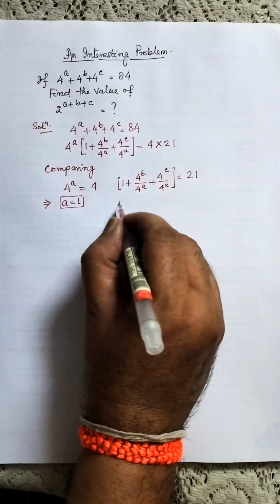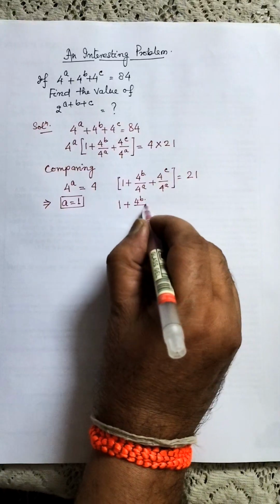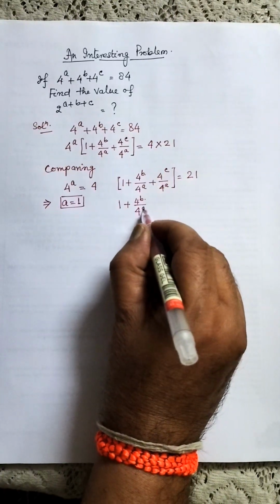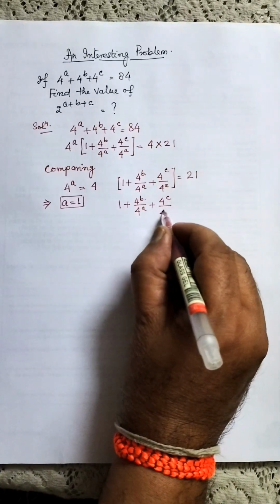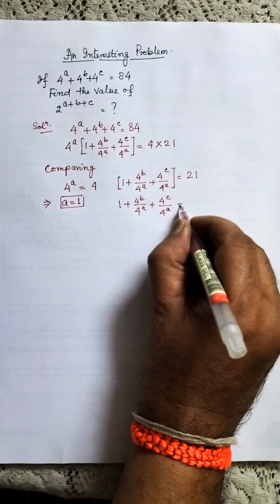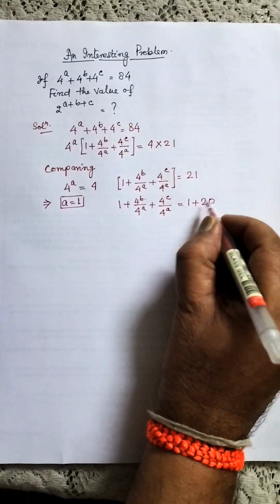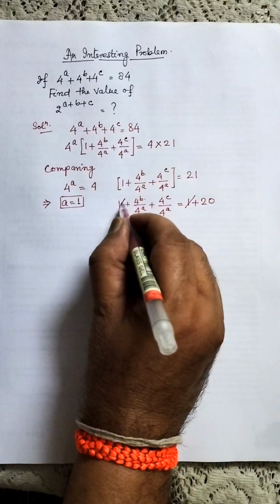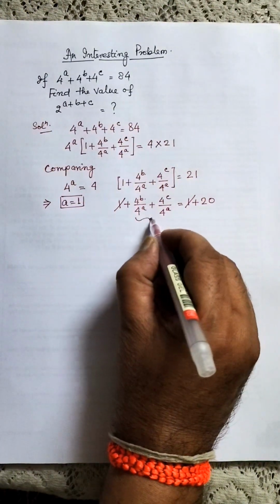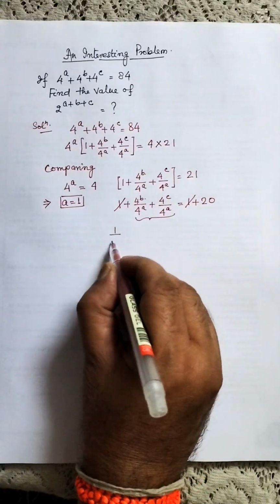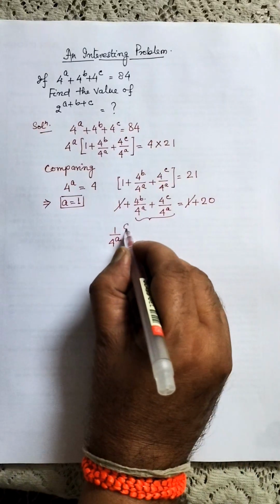Now this part, we can write it as 1 plus 4 raised to the power of b upon 4 raised to the power of a plus 4 raised to the power of c upon 4 raised to the power of a. And this 21 I'll write as 1 plus 20, so that I can cancel 1 from both the sides. Now from this part, let us take 4 raised to the power of a common.